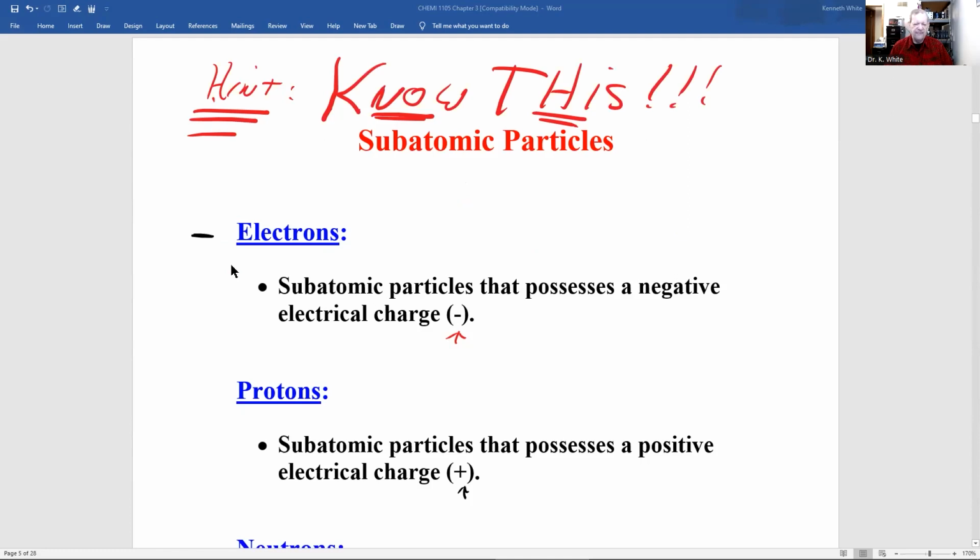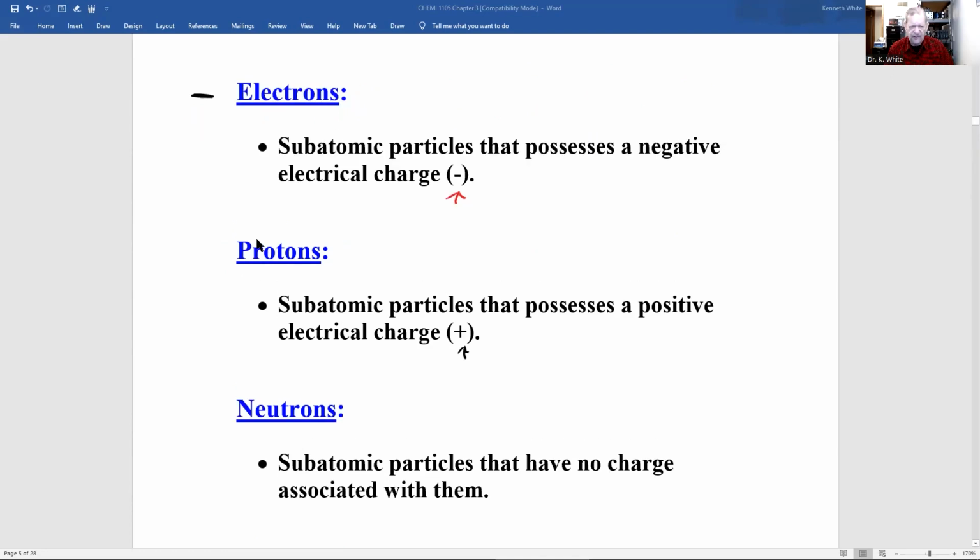Subatomic particles: electrons, protons, neutrons. Electrons, negative charge; protons, positive charge; neutrons, no charge.